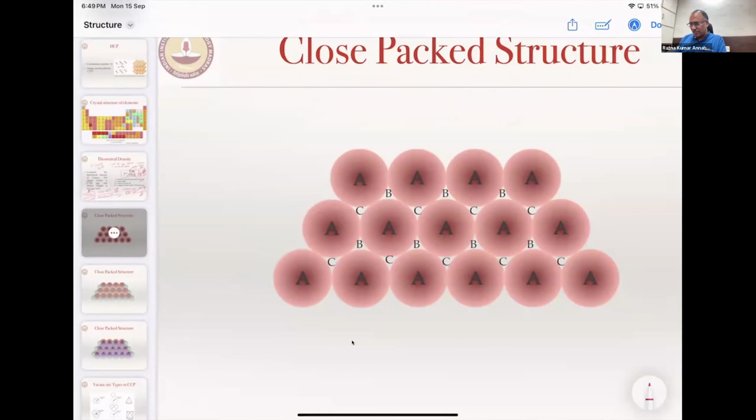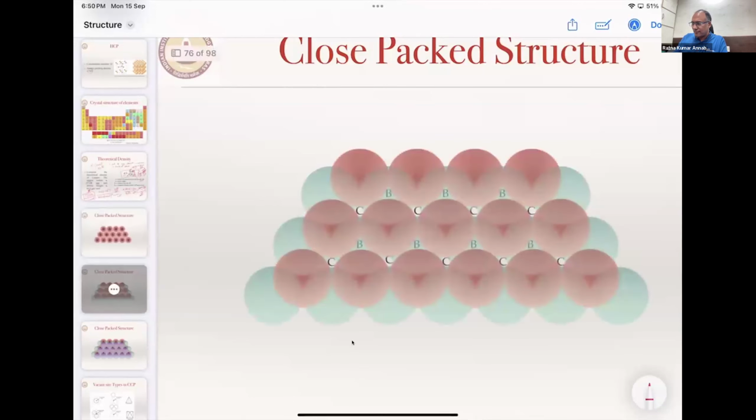Can you see that? And then the next set of atoms are kept above this, filling B positions like that. And still you can see there is a gap here, right? You can see through these holes.